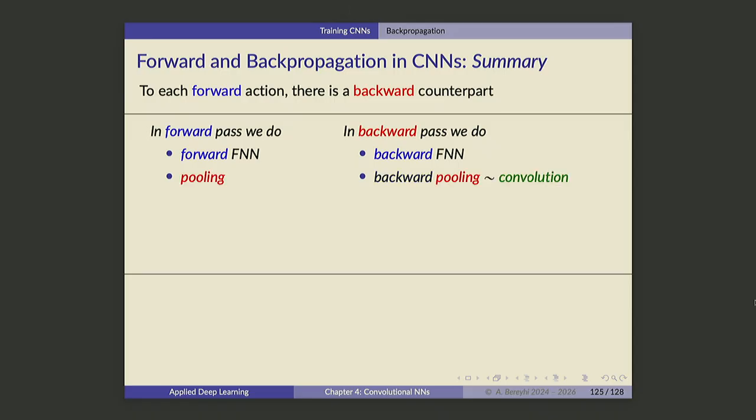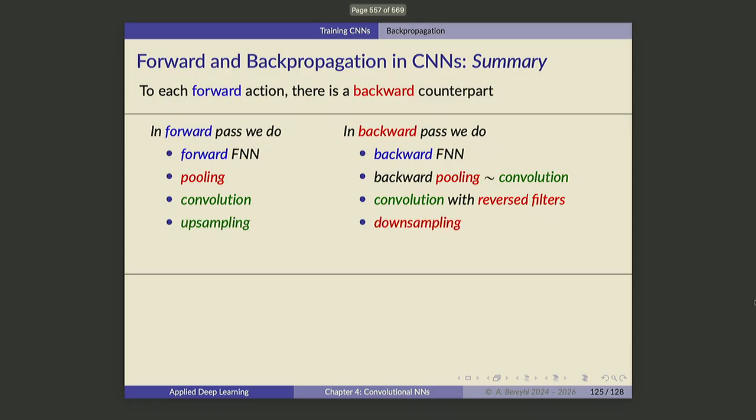If it is a pooling, then going backward is a reverse form of that. If you have a convolution, the backward is again convolution, simply you reverse the filters. If you are doing upsampling, the backward is simply downsampling. If you are doing downsampling, the backward is simply upsampling. So every operation you do forward, you do the complement in the backward, right?